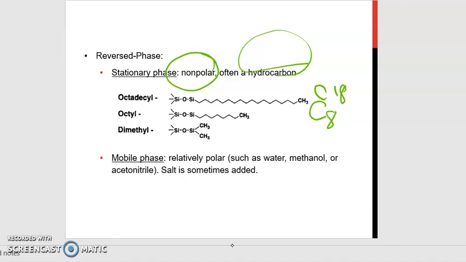So, when your stationary phase is non-polar, mobile phase mesti relatively polar, such as water, methanol, acetonitrile. Salt is sometimes added. Kenapa dia kena polar? Sebab dia kena lain, beza, so that your analyte can be partitioned between stationary phase and mobile phase. Kalau dua-dua sama, dia pun tak tahu nak pergi mana satu.